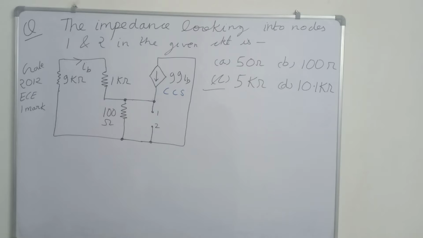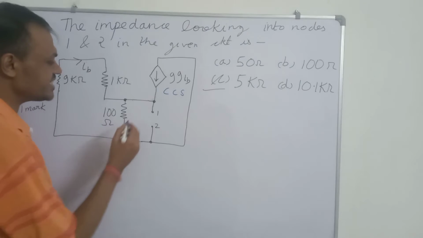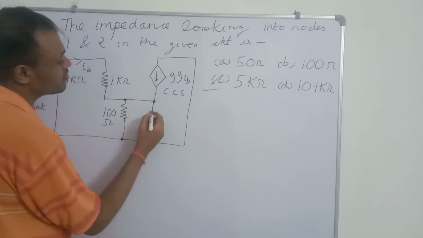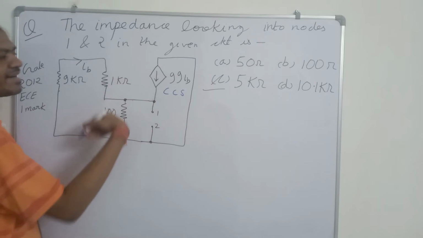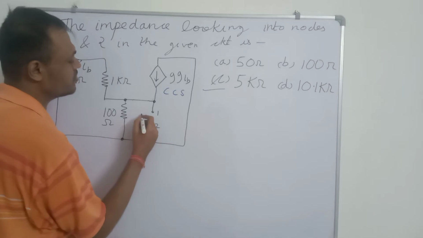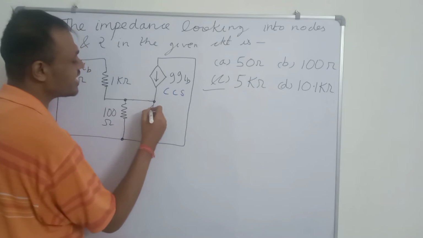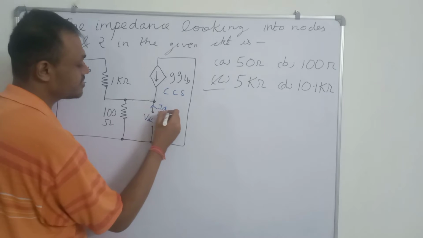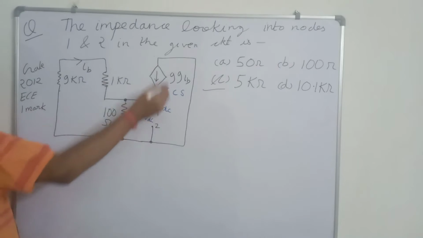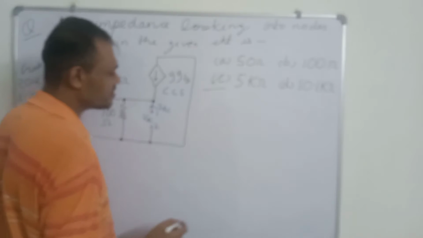So to find the impedance, we have to assume a voltage VDC here, because this circuit consists of only dependent sources and there are no independent sources. If voltage VDC is applied here, then current IDC will flow between nodes 1 and 2, because we have to find the impedance between nodes 1 and 2.